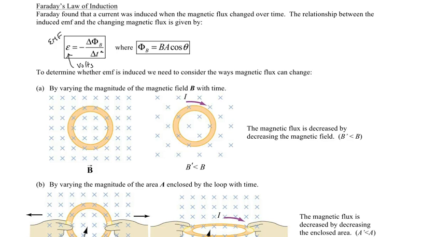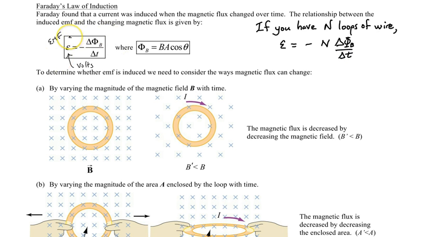If you have more than one loop, say n loops, the EMF induced will be equal to negative n times the change in magnetic flux divided by the time interval delta t. This equation, which is on your AP formula sheet, is known as Faraday's law of induction. So the EMF induced depends on the change in that flux over time.